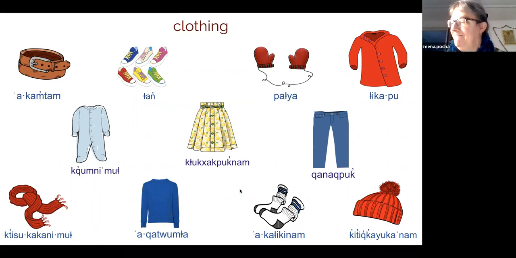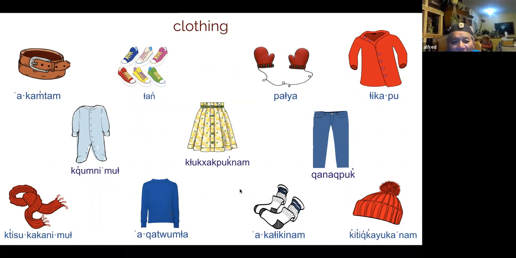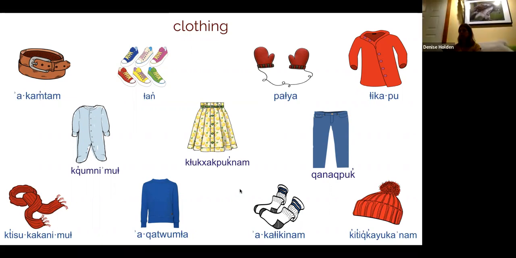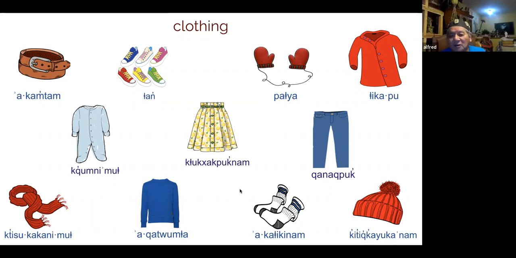Good. That sounded good. I was hearing all the different voices in there, even though it was sort of all jumbled, but I was able to hear the different words and make out the words.